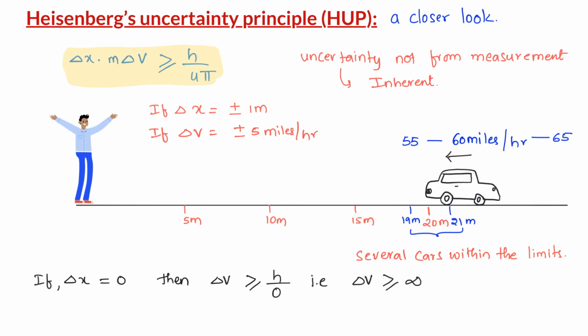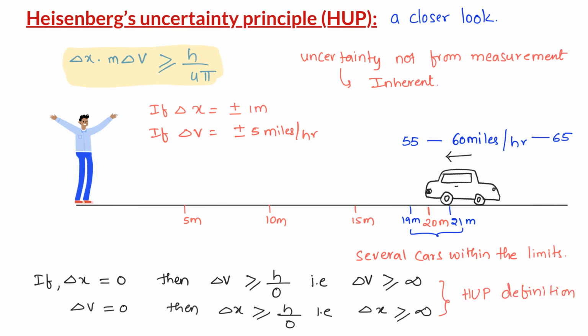Then, according to the equation, delta v becomes infinity, which means the uncertainty in its velocity is equal to infinity, or in other words, we have no idea of particle's velocity. We can do the same thing with velocity. That is, if delta v is equal to 0, then delta x becomes infinity. This is how the equation defines Heisenberg's uncertainty principle.